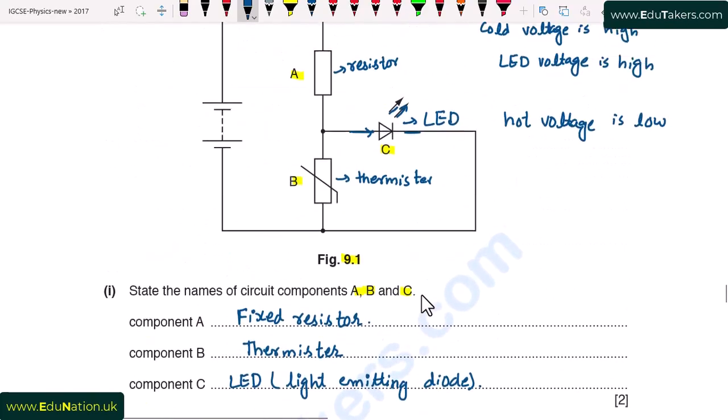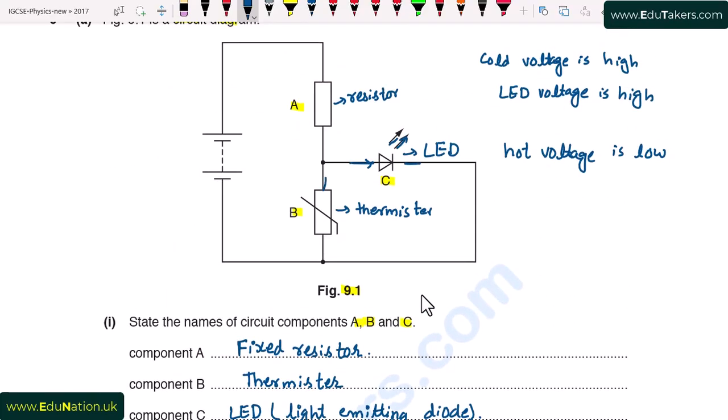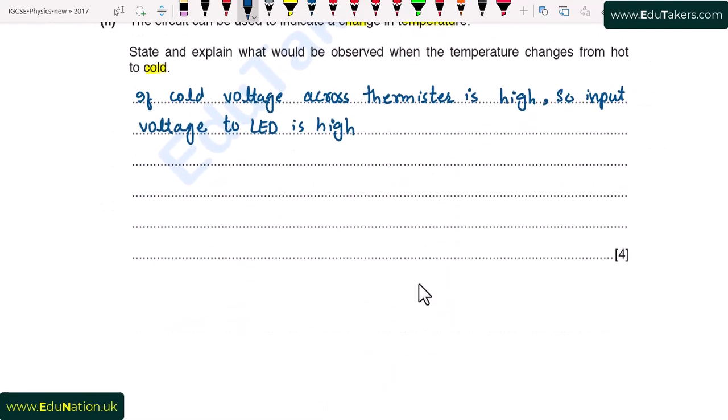because you can see here it's the thermistor and it is connected directly with the LED. In case of high voltage, there is current in the LED, due to which it lights up brightly.